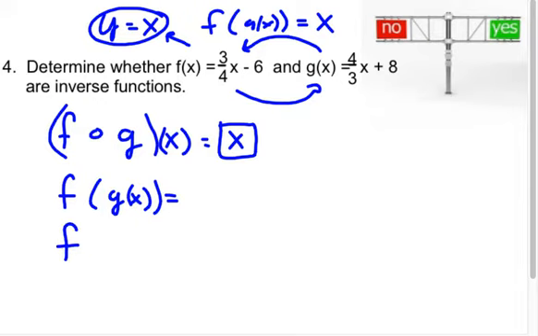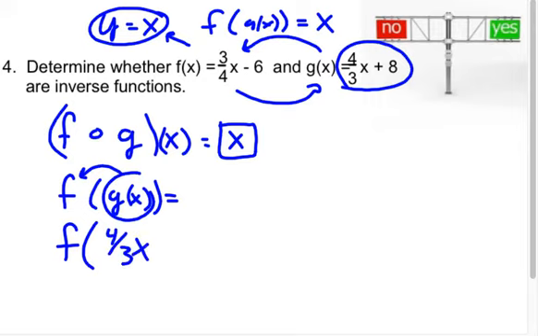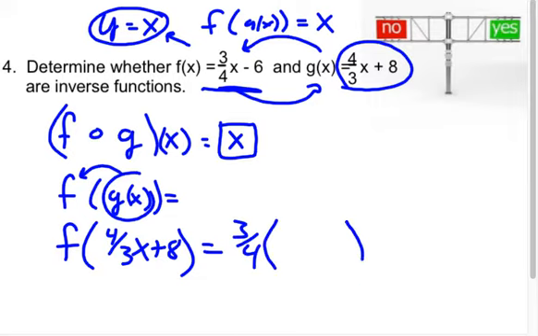I'm going to plug the g of x function into the f function. What is g of x equal to? Right here, 4/3 x plus 8. I'm going to take that function and plug it into the f function. So the f function is 3/4 times x minus 6.